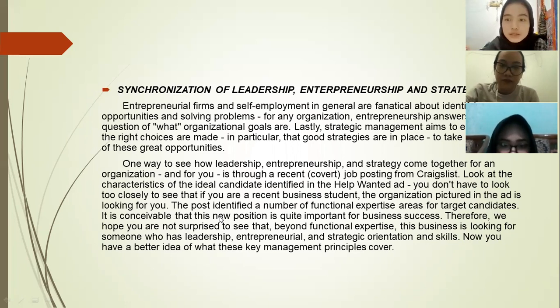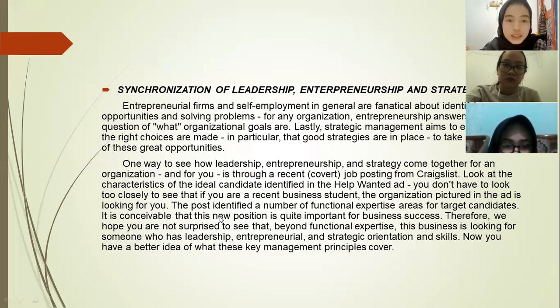Entrepreneurship answers the big question of what organizational goals are. Lastly, strategic management aims to ensure that the right choices are made, in particular that good strategies are in place to take advantage of these great opportunities.